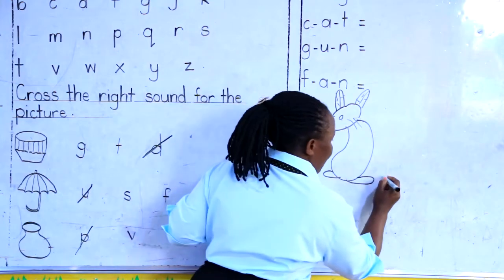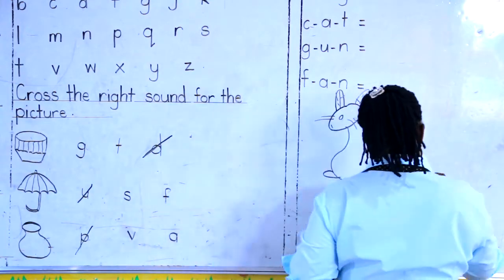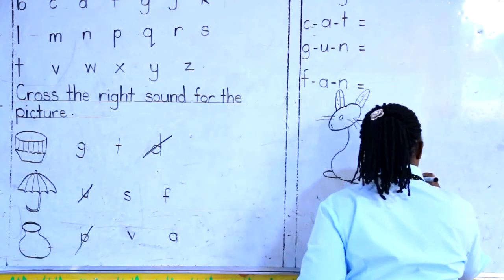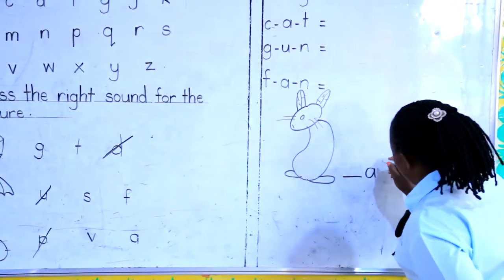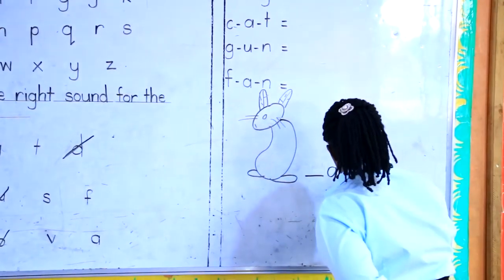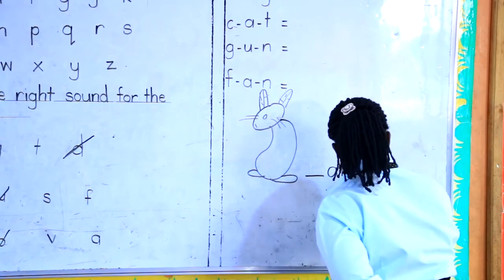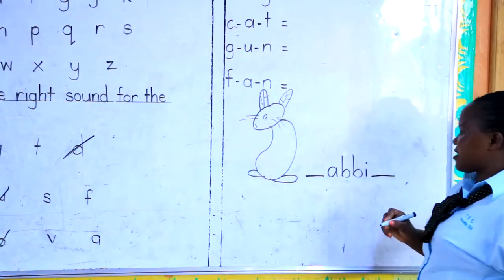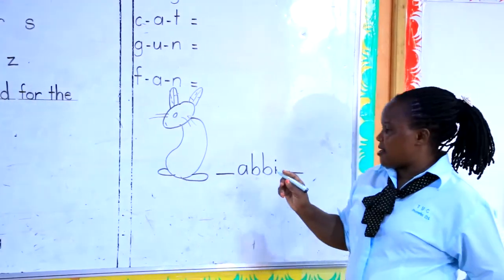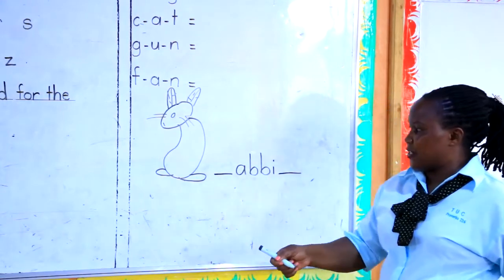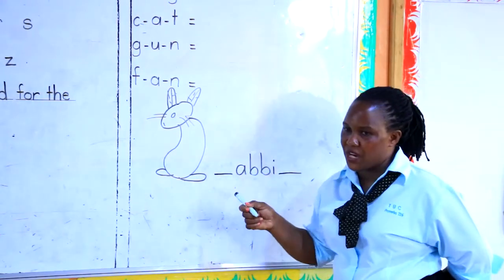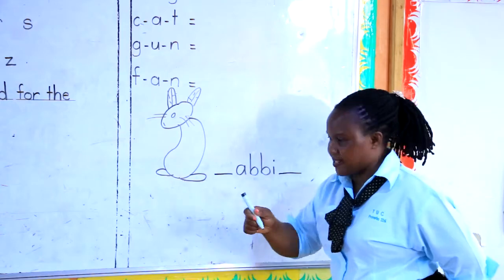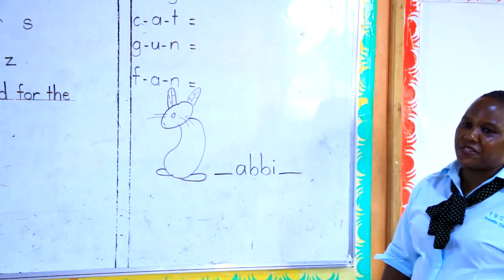So what they want you to do is to write the first and the last letter sound. Very good. This is our rabbit. Which is the first letter sound that is missing?